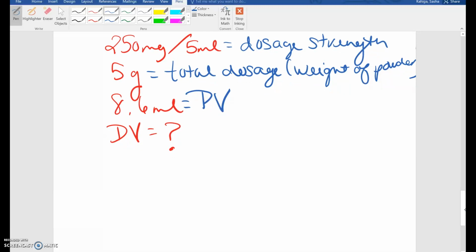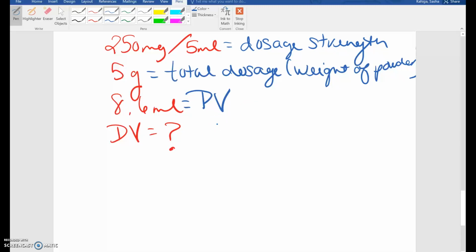So, with that powder volume formula, PV equals FV minus DV, you can manipulate that formula to solve whatever it is that you're looking for.